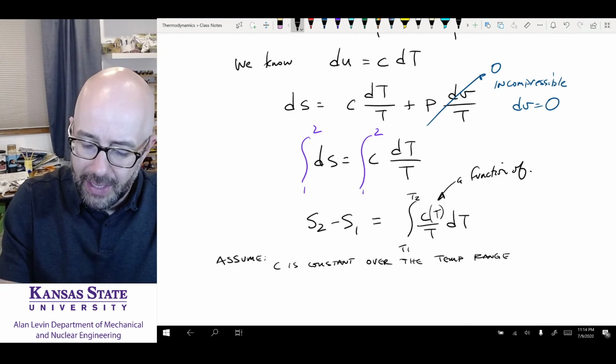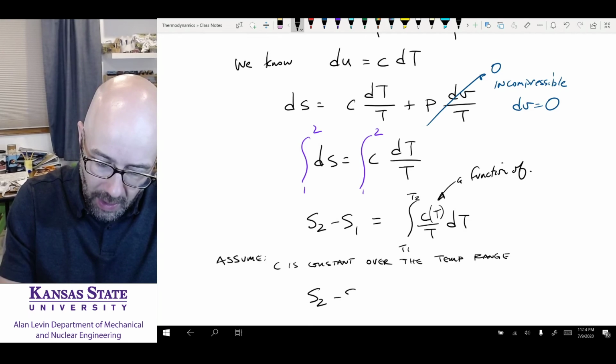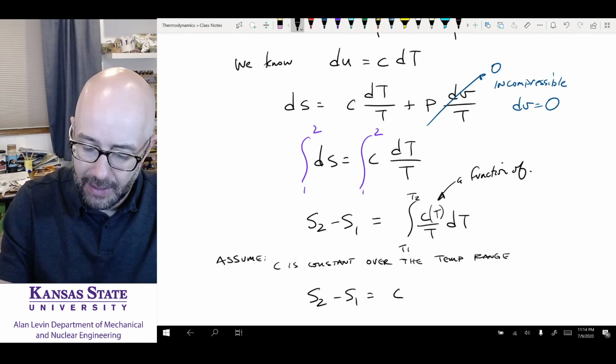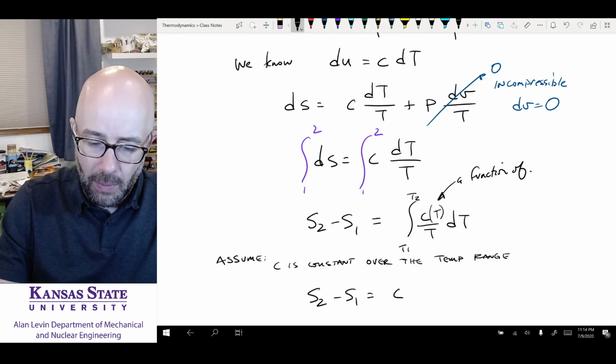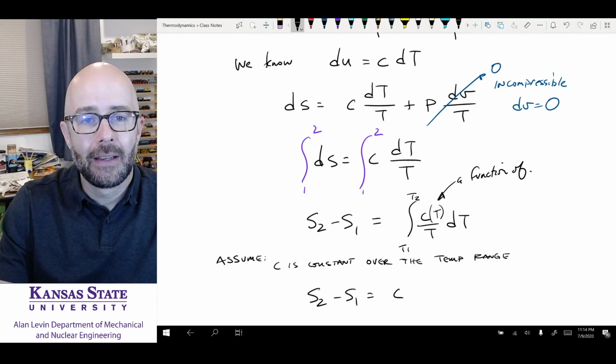What happens now is this specific heat can come out of the integral. And so we're going to have S2 minus S1 equal to the specific heat times the remaining integral, dT over T.